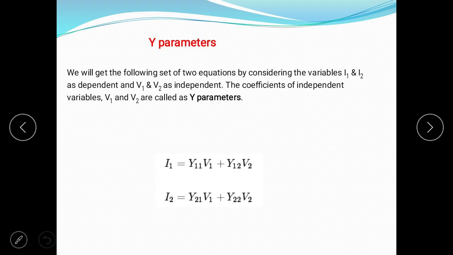Simply, I1 is equal to Y11 V1 plus Y12 V2, and I2 is equal to Y21 V1 plus Y22 V2. So here Y11, Y12, Y21 and Y22 are known as admittance parameters or short circuit parameters.